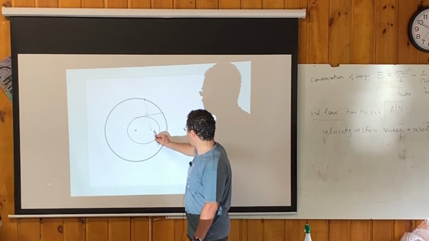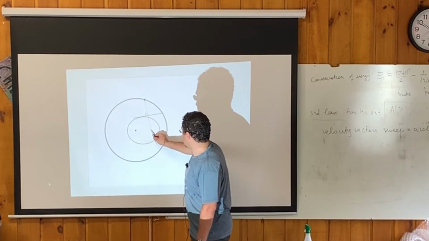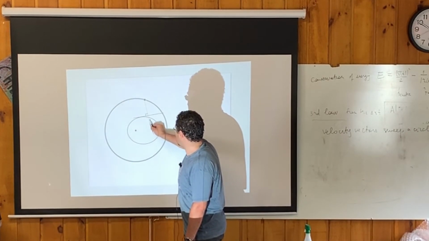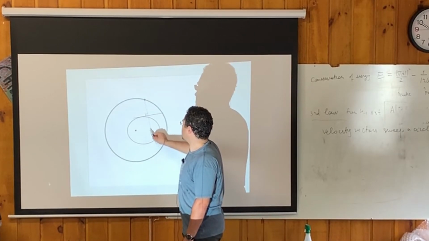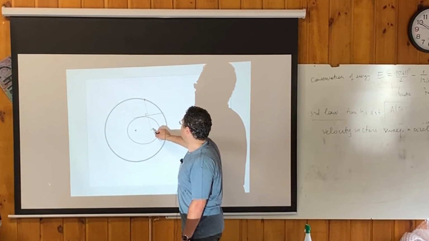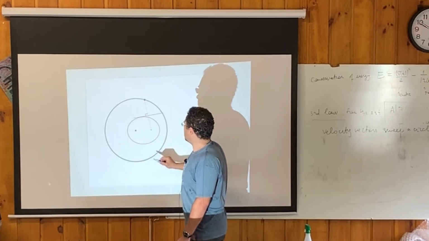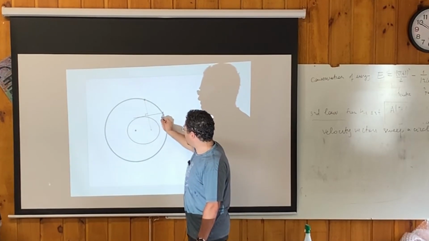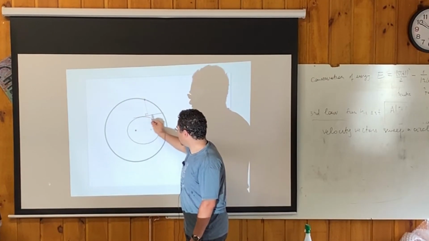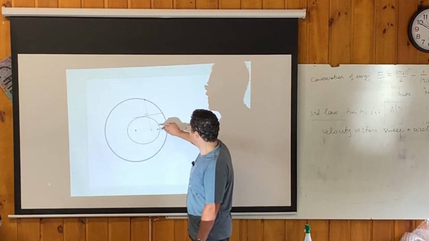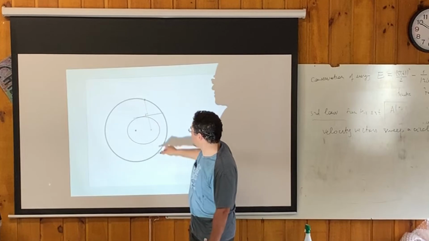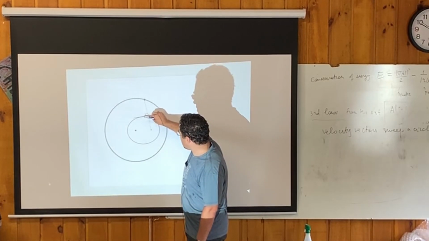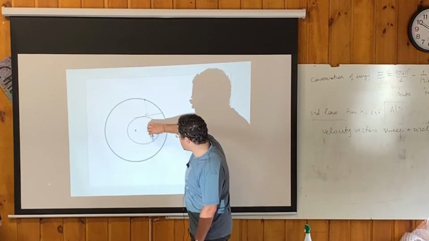You take a vector connecting the sun, the origin of the coordinate system, to a point on the circle, and then you draw a perpendicular bisector. You do it for all points, so I'll just do it for one point. Then they will all be tangent to a certain ellipse.